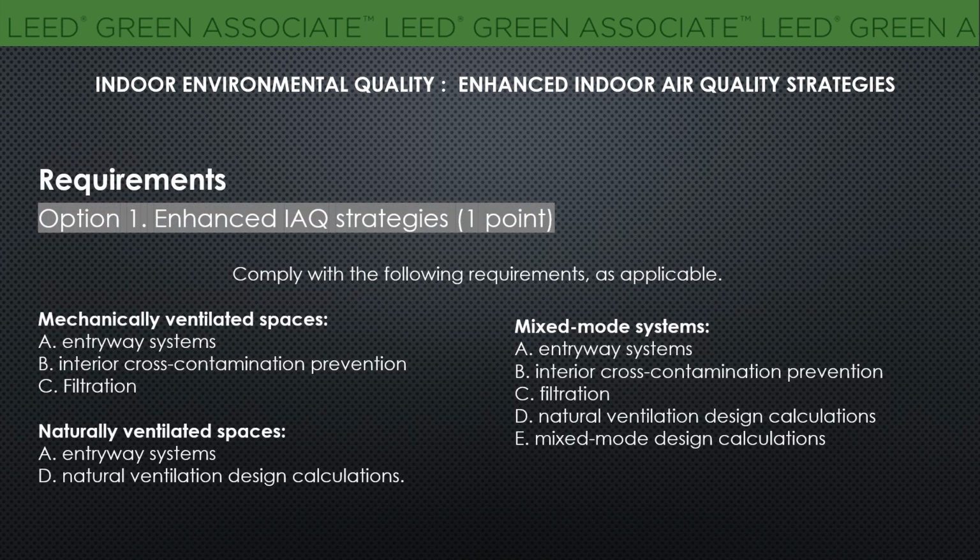Option 1 is enhanced indoor air quality strategies, and it can get up to 1 point. Basically, there are 3 ventilation systems: mechanical, natural and mixed mode. For each mechanical system, comply with the following requirements as applicable for achieving this credit.